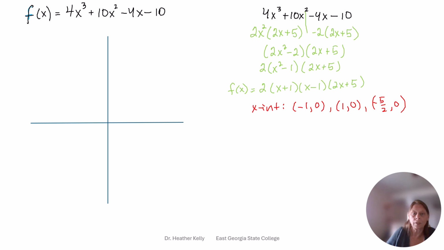Our y-intercept is 0, -10, and I got that quickly by doing it right here. Way easier to plug 0 into it in general form because everything with an x falls away and you're just left with the y-intercept. Okay, and our extreme end behavior here is going to be odd positive.